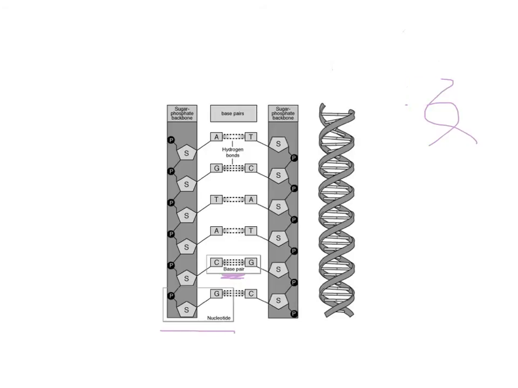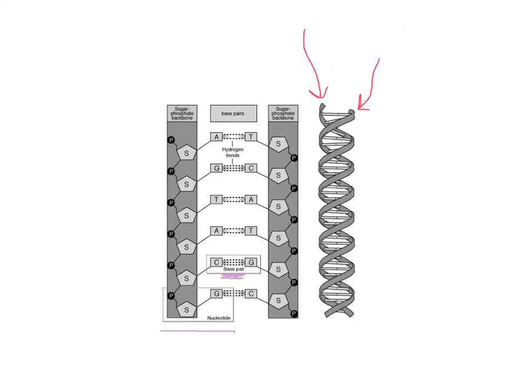When you're talking about the backbone versus the rungs of the ladder, or the bases: the backbone is the part that doesn't change, the phosphate sugar, and that's here. And there's two of them, right? Because there's two molecules of DNA here.